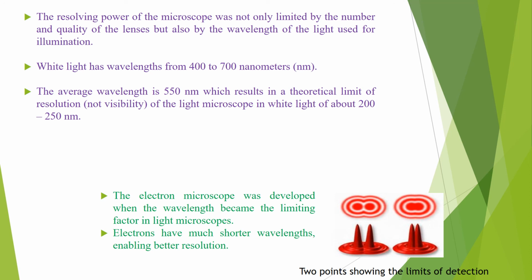The average wavelength is 550 nanometers, which results in a theoretical limit of the resolution of the light microscope in white light of about 200 to 250 nanometers. The figure below shows 2 points at the limits of detection, and the two individual spots can still be distinguished.